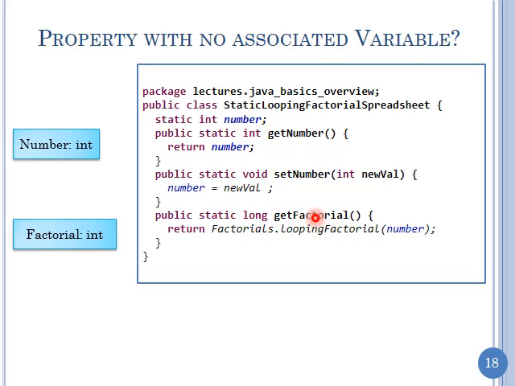In fact, I have no factorial variable. I still have a getFactorial. To the user, there's no difference. They can just look at the public methods and access the functionality. This doesn't have to be a very efficient one if you set the number once and retrieve it multiple times.